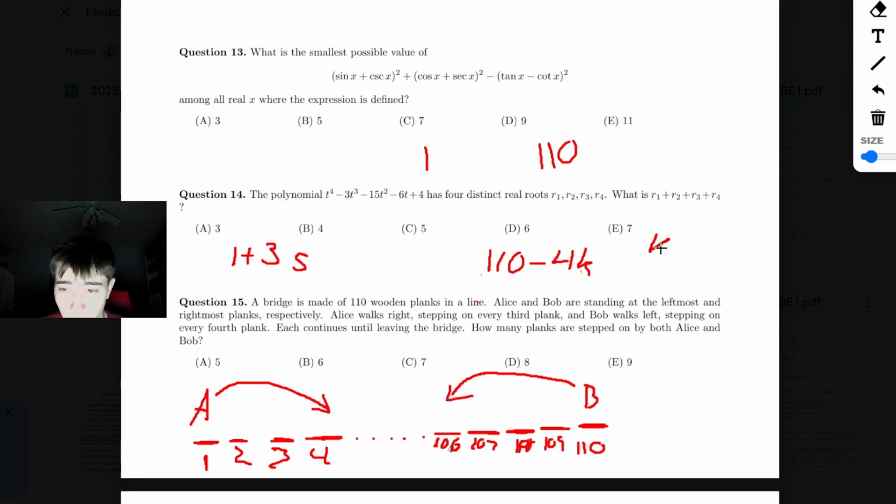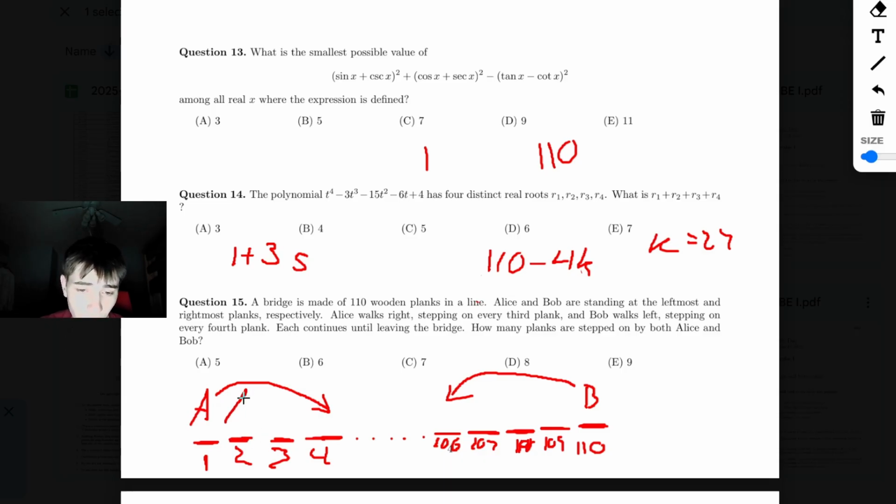So when k equals 27, so after he's stepped on a total of 28, because we're including this one, after he stepped on a total of 28 planks, which is the total amount that he steps on, he'll be on step 110 minus 108, which is step 2.